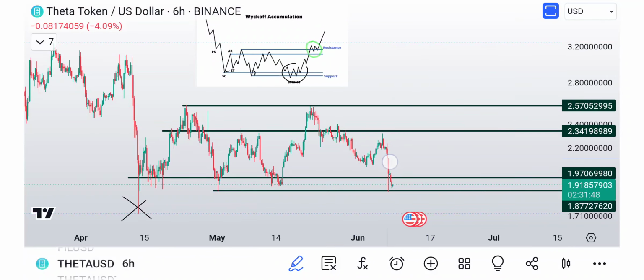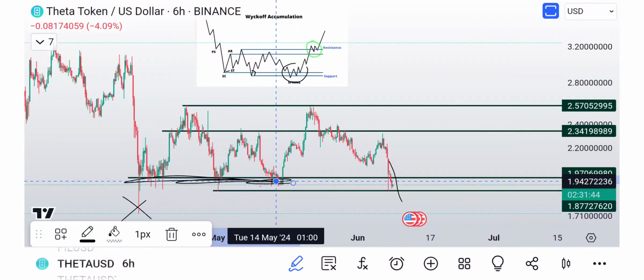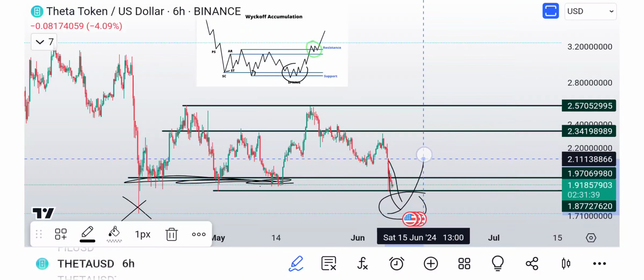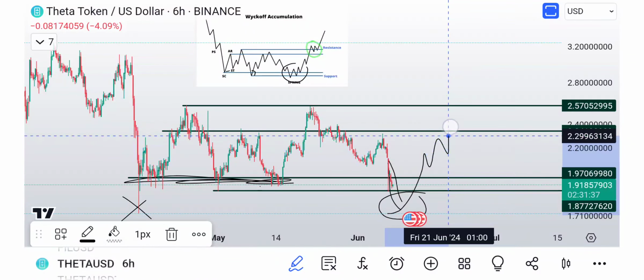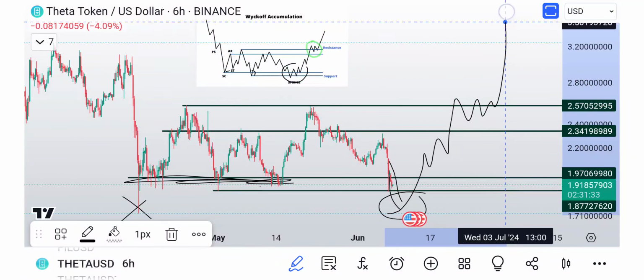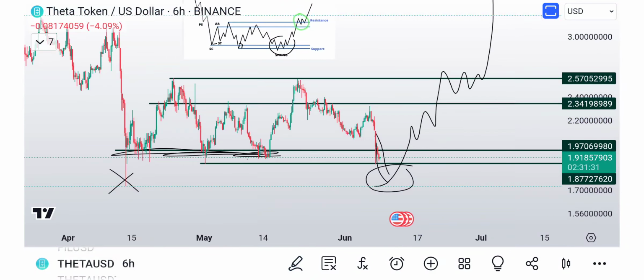So we come down here, we break all of this support, we grab that liquidity, and then bam, we take it back up, right? Then we play around in here where the green circle is, and then we continue higher. So that, I think, is my new variant idea from what we've had, right?